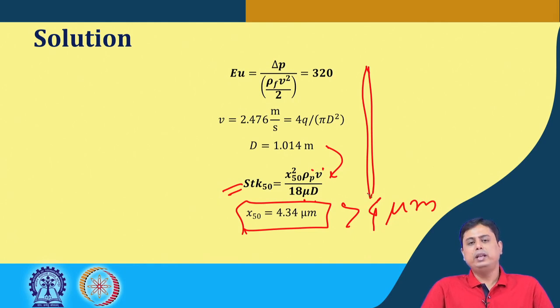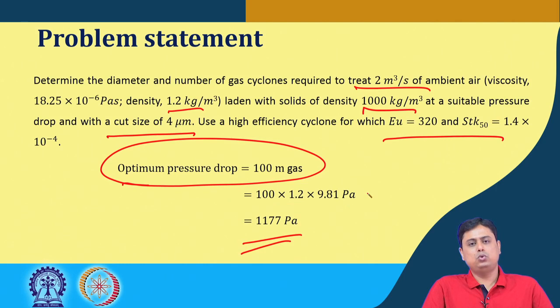So, say we need n numbers of cyclone separators, and the flow rates are evenly distributed, going in parallel to these cyclone separators. So, which means now the revised flow rate to each of the cyclone separators having, say, diameter d is q by n. Say here q is 2 meter cube per second, that is 2 by n.